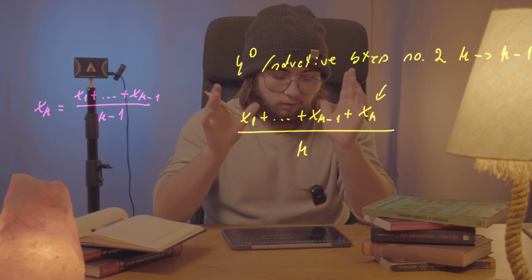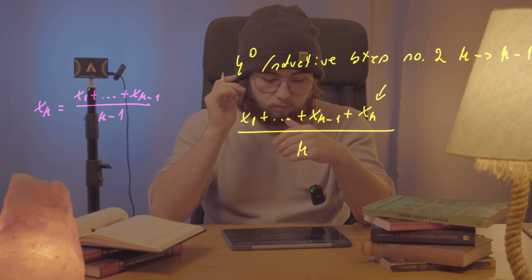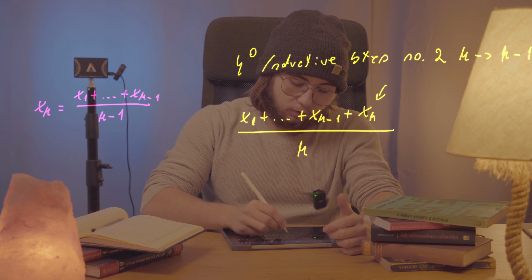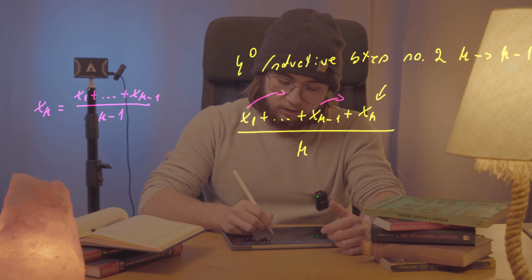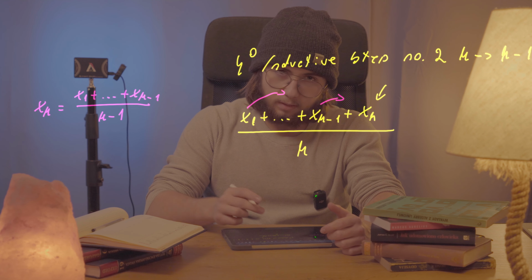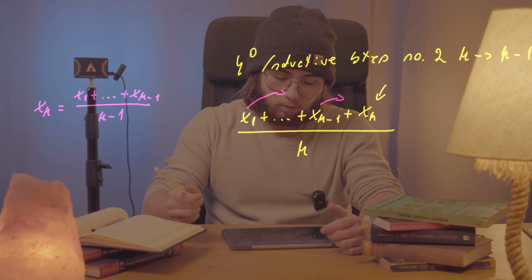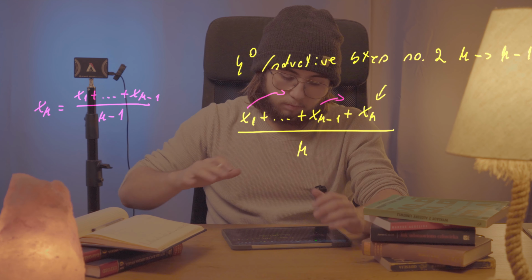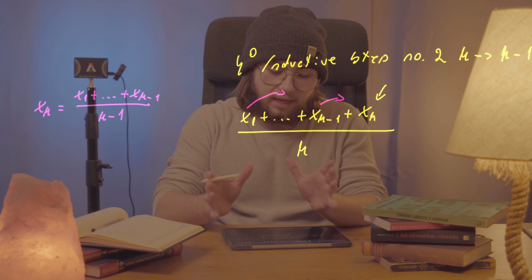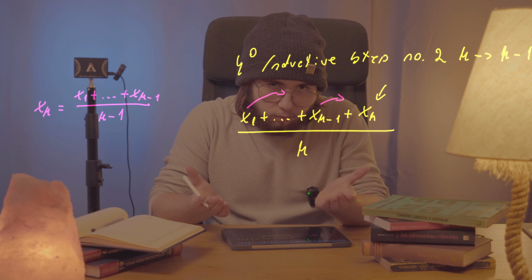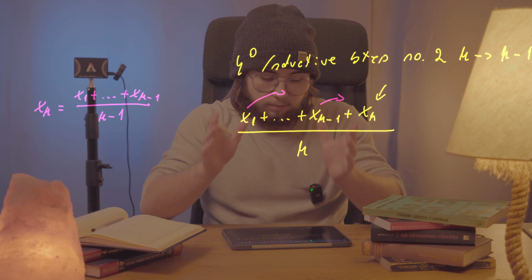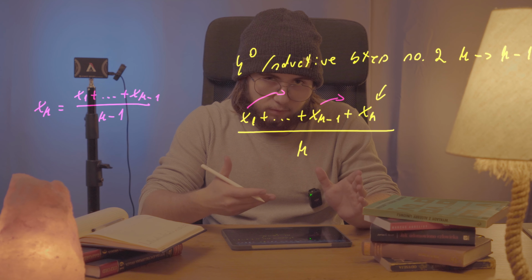This is not an equation right now. What I'm doing is I'm just kind of shifting some numbers. I'm just subtracting some stuff from those numbers, x1 through x sub k minus 1, and plugging those into the x sub k, so that x sub k will eventually be equal to the arithmetic mean of all of the rest of those numbers.